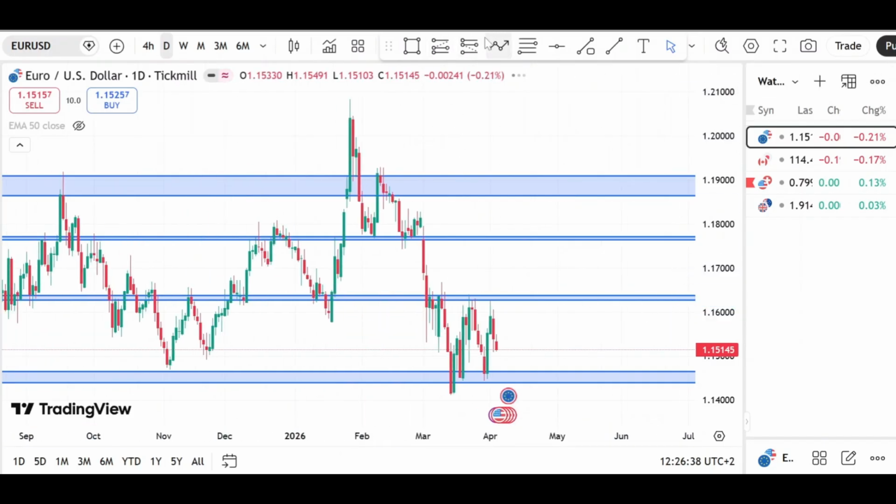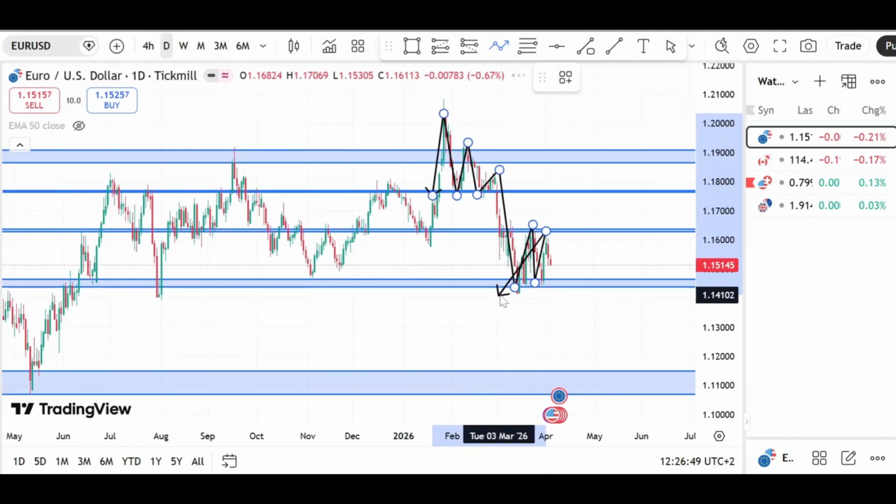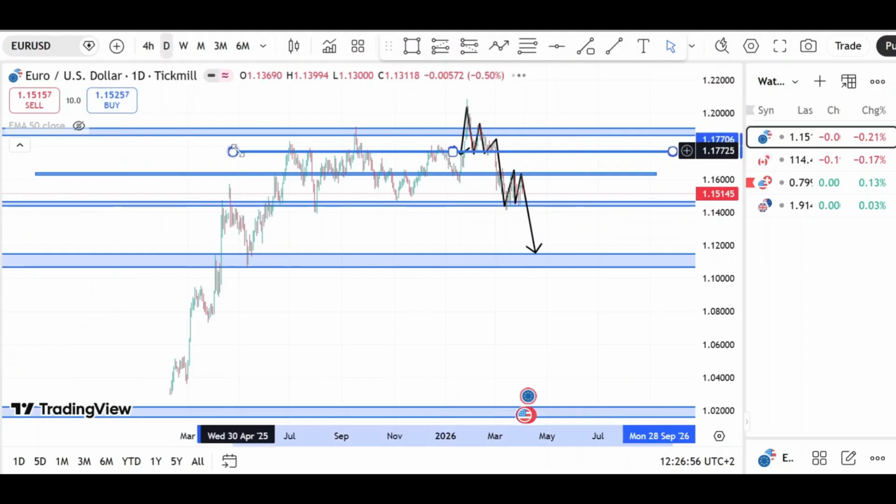Look, we have been seeing a triple top like this, a block of structure, lower low, lower high. So we are seeing a range or a consolidation. We are expecting the market to break down towards here.